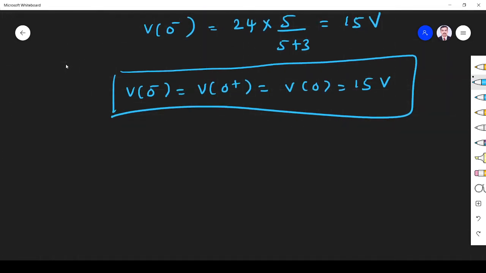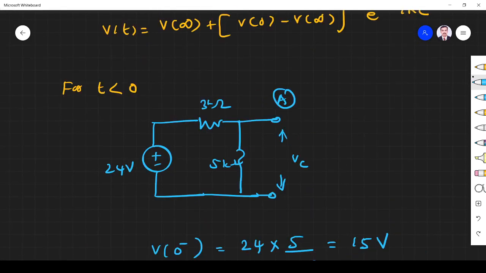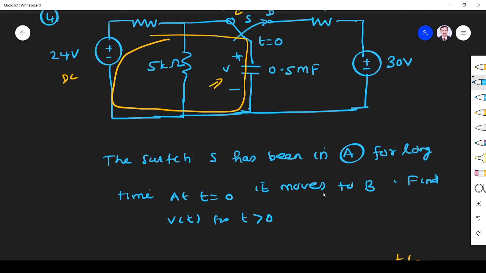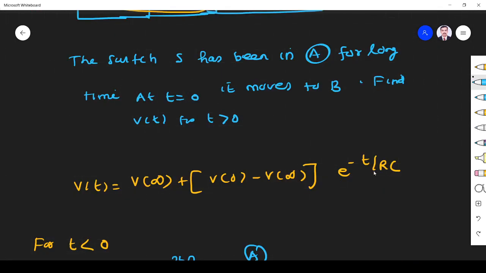Now for t greater than 0, what happens? As per the problem, the switch moves to B at t equal to 0. That means the switch goes to here. So the circuit will have this 0.5 millifarad, this resistor and 30 volt, right?